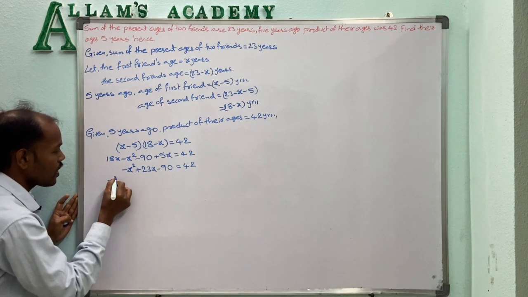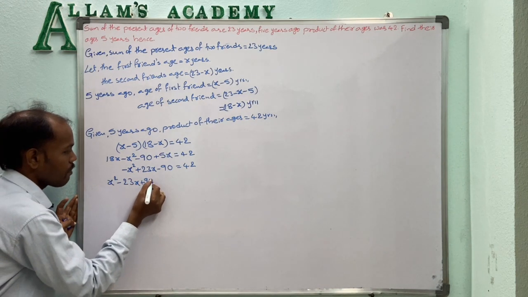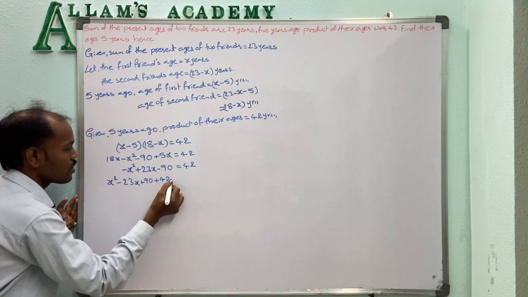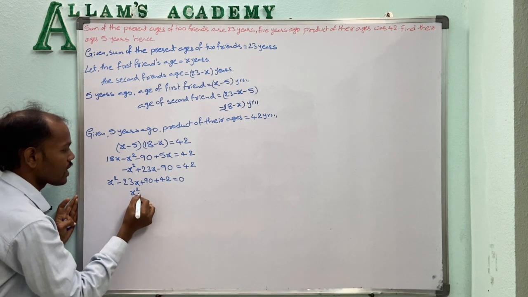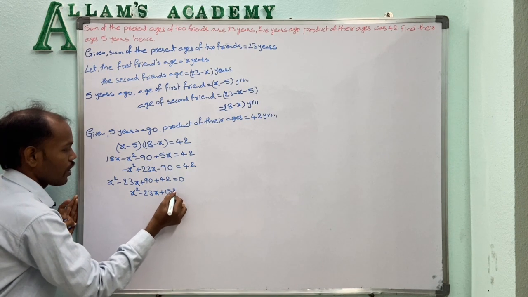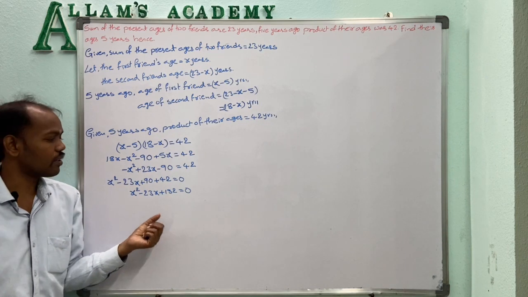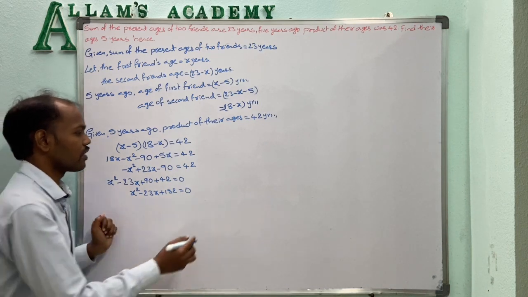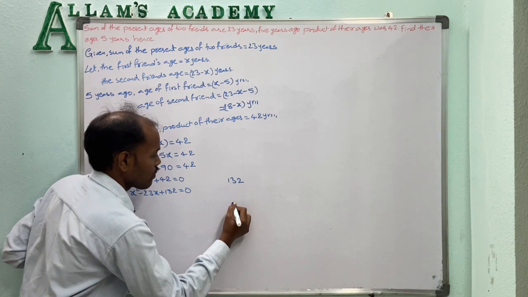So x square minus 23x plus 90 plus 42 equal to 0. 90 plus 42 is nothing but 132. Now here x square coefficient is 1 and the constant term is 132. So 1 into 132 is 132, and the x coefficient is minus 23.